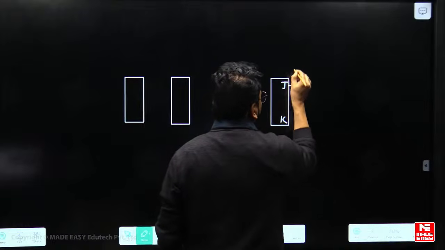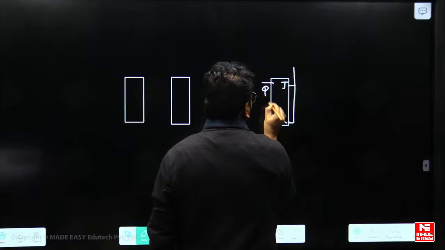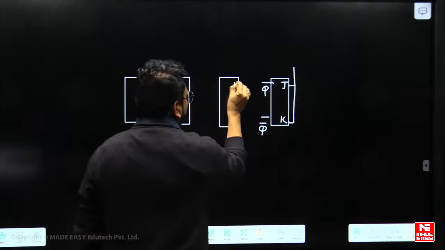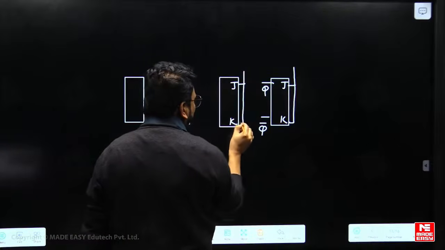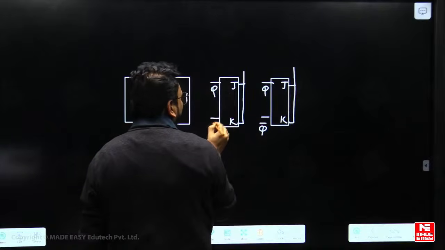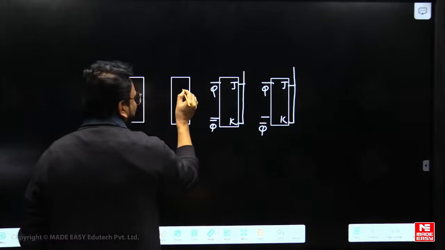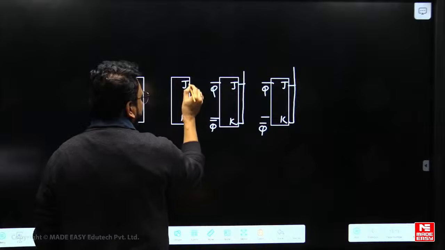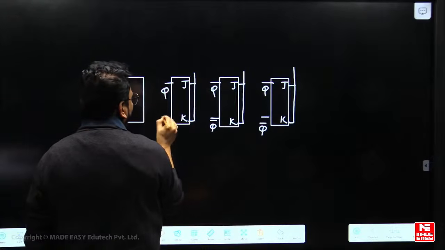This side is the input connection JK and this is Q bar. Inputs are also connected together, and floating means treated as logic one, so we can say these are all T flip-flops only.